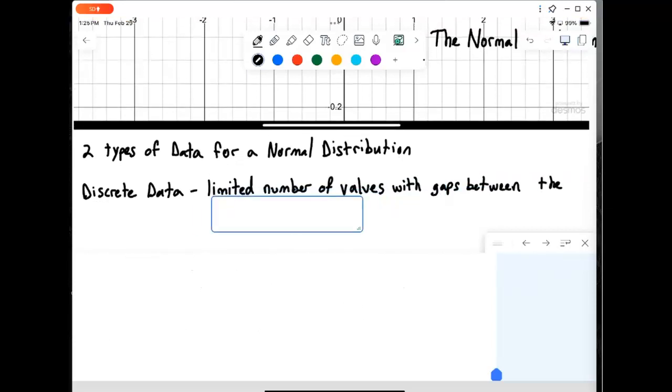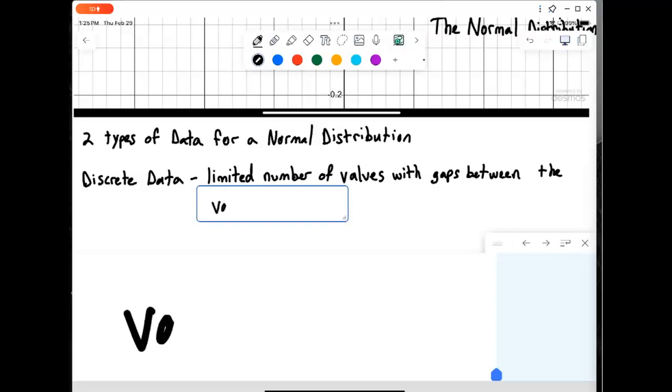Or if you were looking at exam scores on an exam. Generally, most exams, at least the ones I have, your score is going to be a whole number. You can't have a half a point. I don't deal in half points and things like that. I know some teachers might do half points sometimes, but even then, they're still limited.